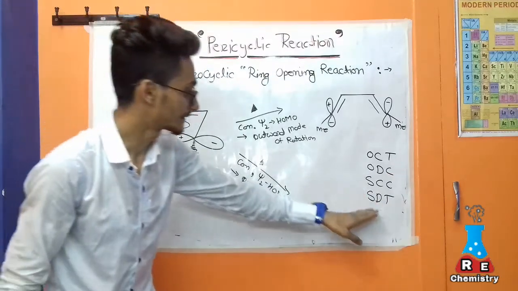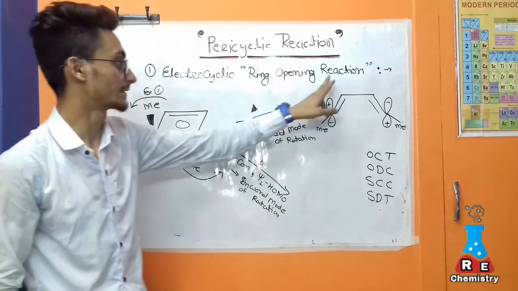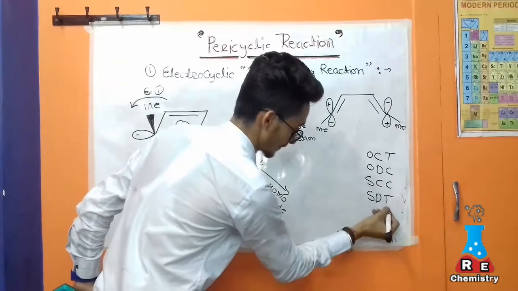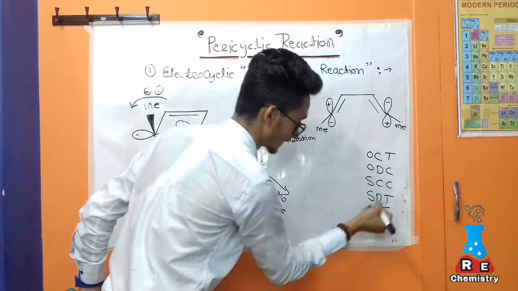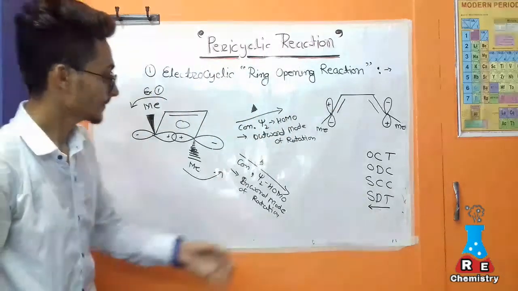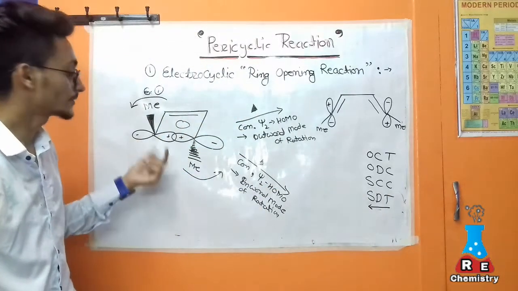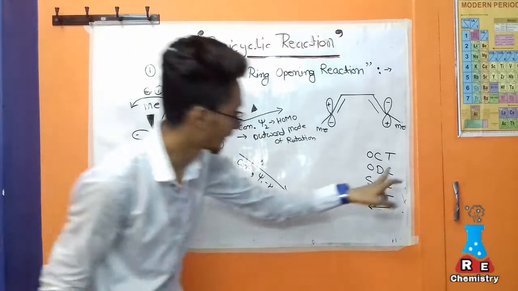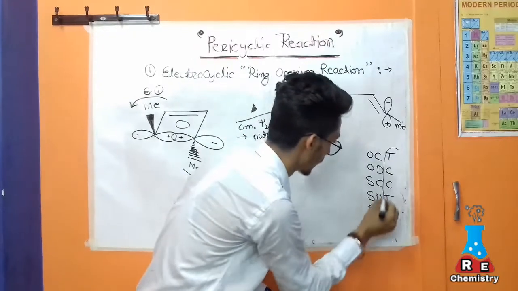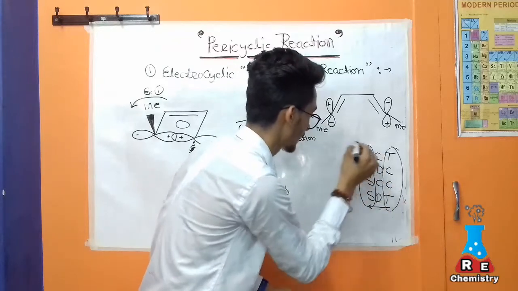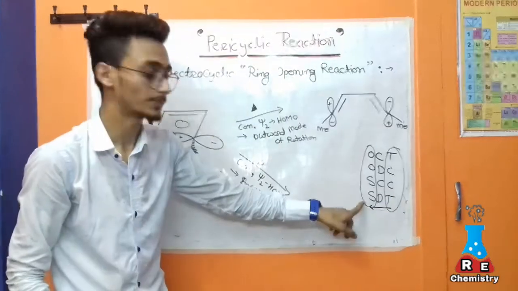If you want to use this trick in a ring opening system, we will read it backside. Because the reactant is in trans or cis form, and we will get product with opposite direction of substituent and same direction of substituent.